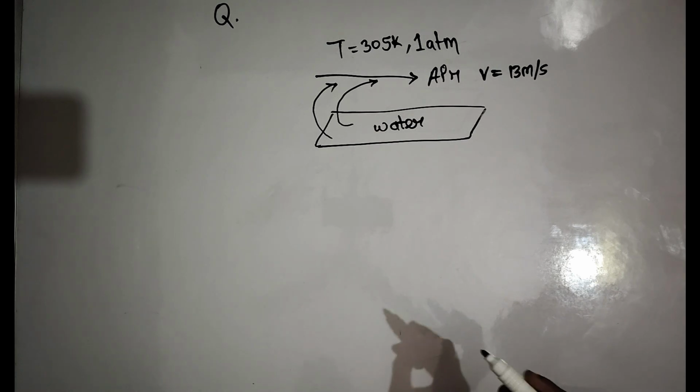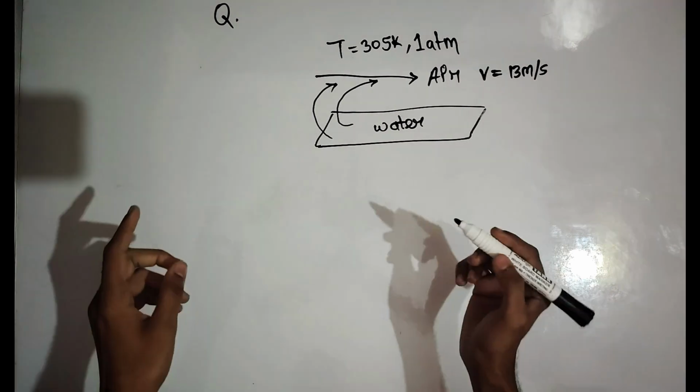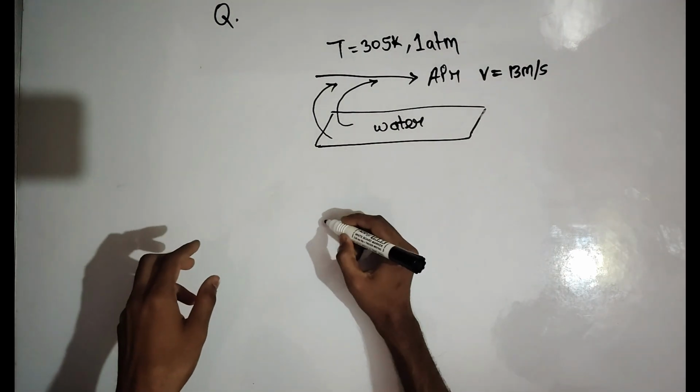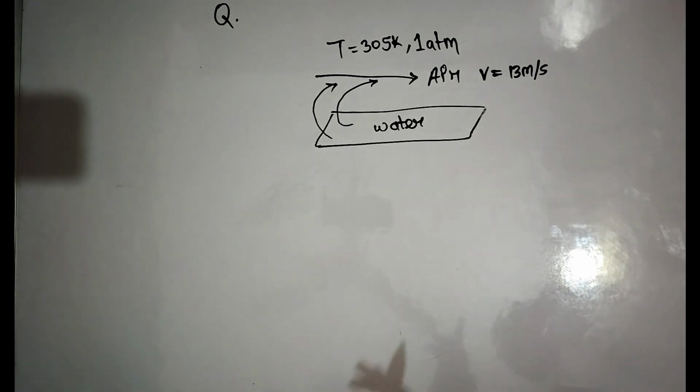To calculate that, we need to calculate mass flux, mass flow rate, and then from mass flow rate we can calculate the total water loss per hour per meter width of plate. So first we will write the given data from the question.